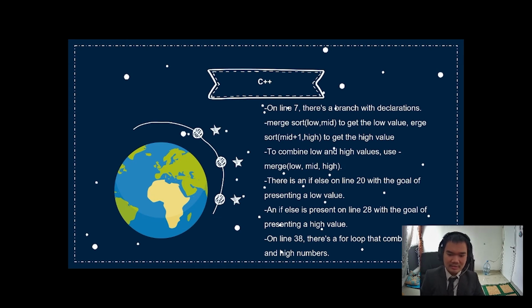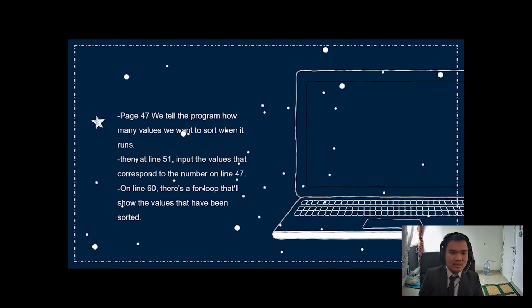There is an if-else on line 20 with the goal of presenting a low value. An if-else is present on line 28 with the goal of presenting a high value. On line 38 there is a for loop that combines low and high numbers. On line 47 we tell the program how many values we want to sort when it runs.